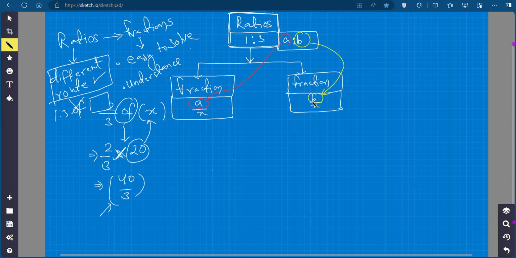And we know that if we have lines with a numerator and a denominator, that is called a fraction. This one is a fraction. So if we are able to successfully change our colon into the lines of a fraction, from fractions we can solve our problem.